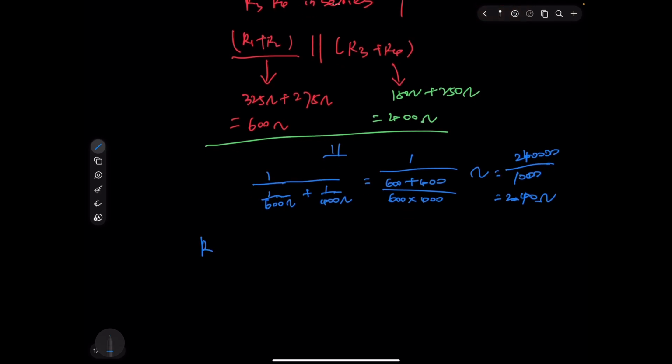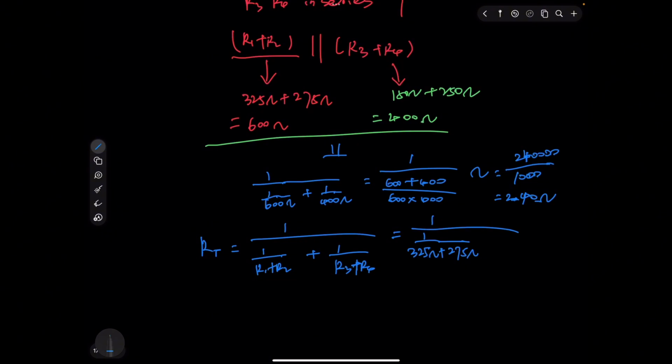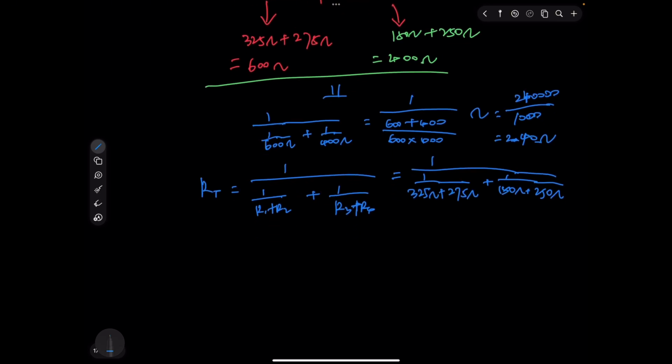That's RT. Basically, the formula for RT is 1 over 1 over R1 plus R2 plus 1 over R3 plus R4, equals 1 over 1 over 325 ohms plus 275 ohms plus 1 over 150 ohms plus 250 ohms, then equals 1 over 1 over 600 ohms plus 1 over 400 ohms.